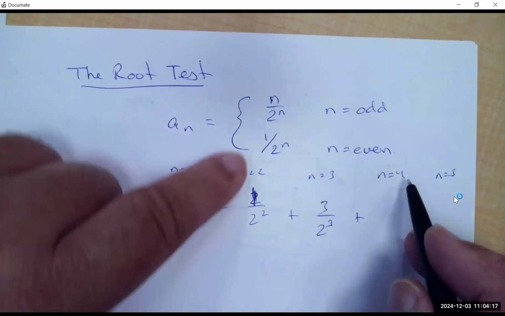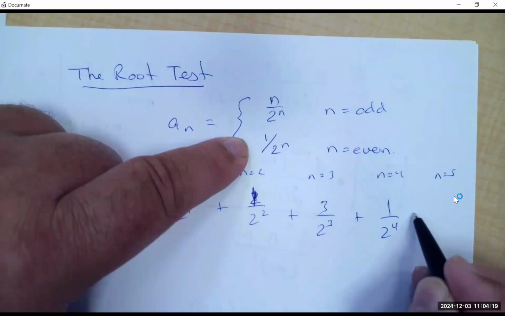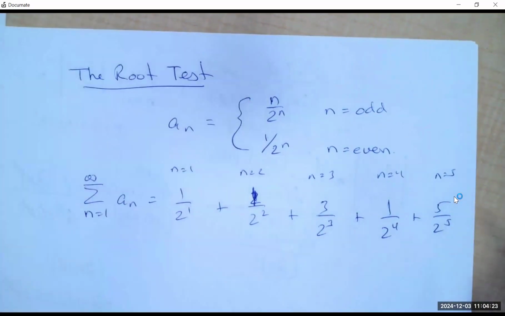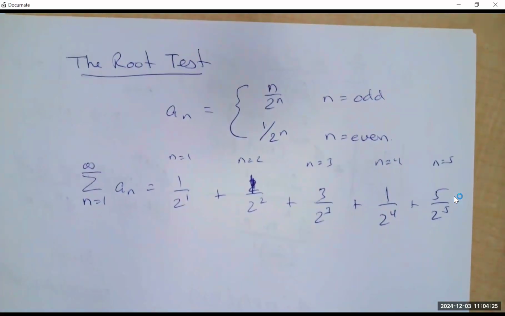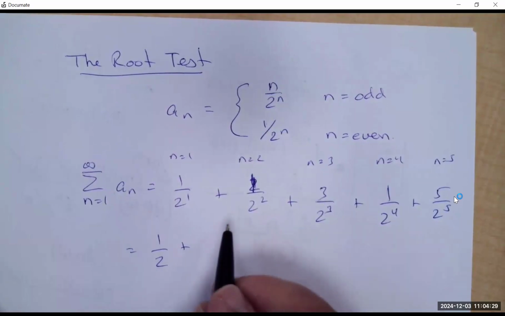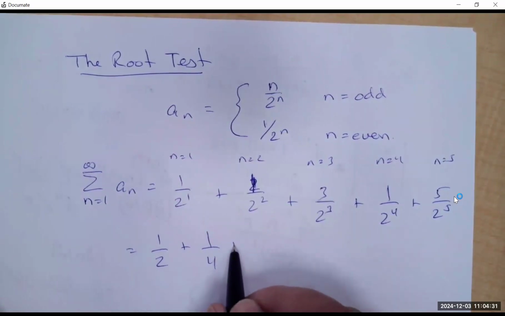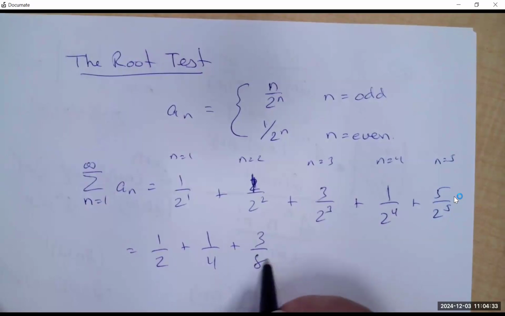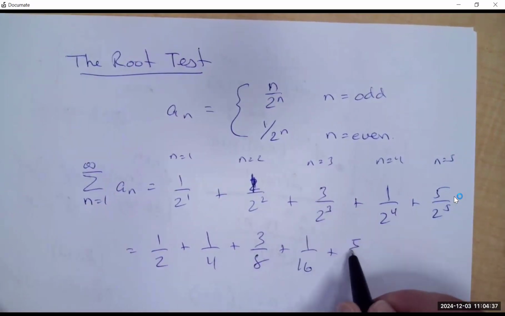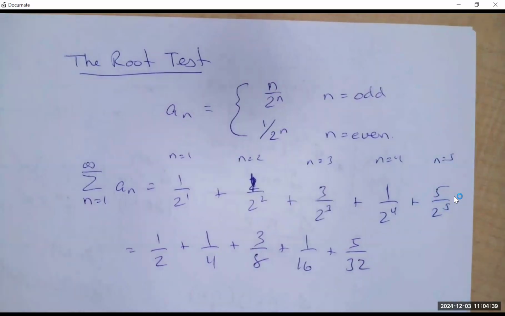When n is even, I use 1 over 2 to the fourth. When n is odd, I use this one, 5 over 2 to the fifth. So you look at the sequences. 1/2, plus 1/4, 3/8, 1/16, 5/32.